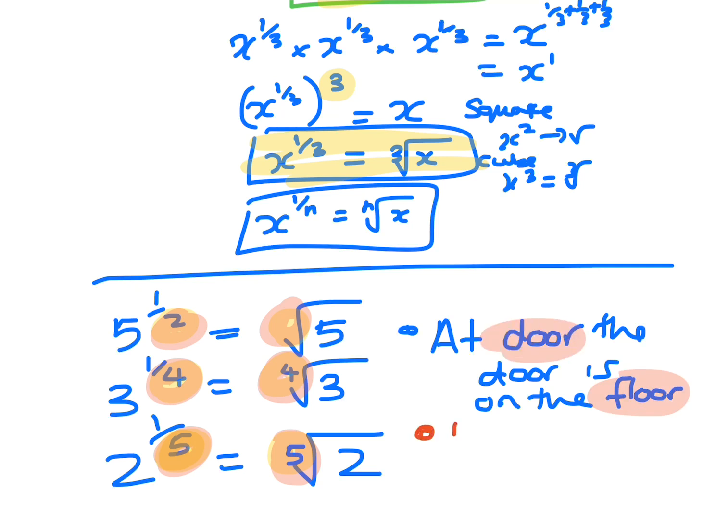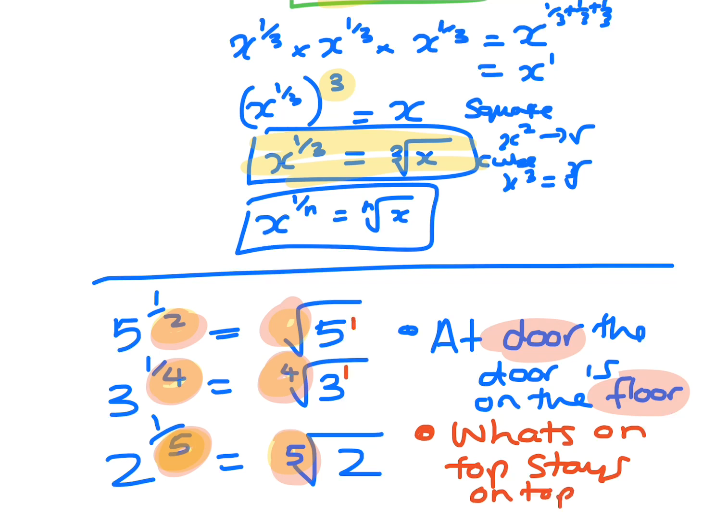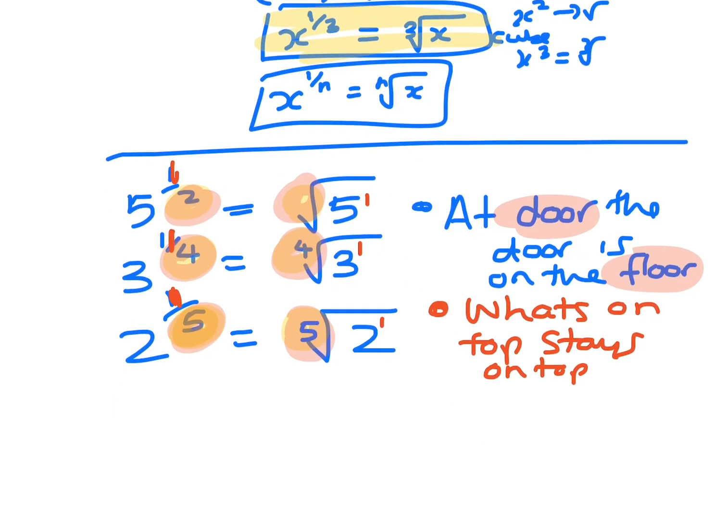And then the other thing is, what's on top stays on top. So do you notice these all have a power of 1? So that's why 1 ended up on top.